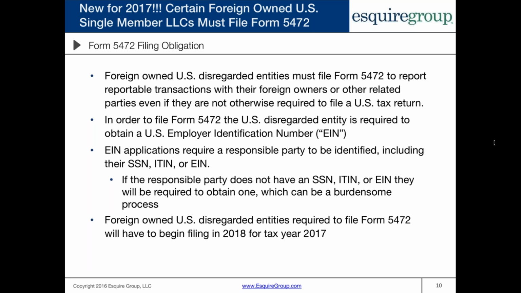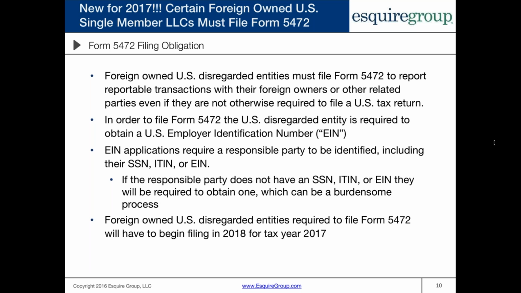Now let's switch gears and compare that to a foreign-owned U.S. LLC that's taxed as a disregarded entity that owns a vacation home. In that particular instance, the property isn't generating any income. So the foreign owner of that LLC is not going to be required to file a U.S. income tax return.